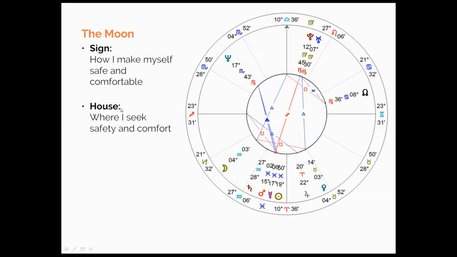Now, the house the moon is in describes where we seek safety and comfort. So the moon in the second house could mean lots of things. The second house is a house of property and stuff. So this can sometimes be a person who collects things because of nostalgia or a way of satisfying a need to feel comfortable.